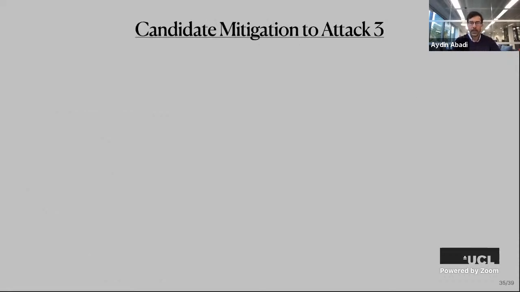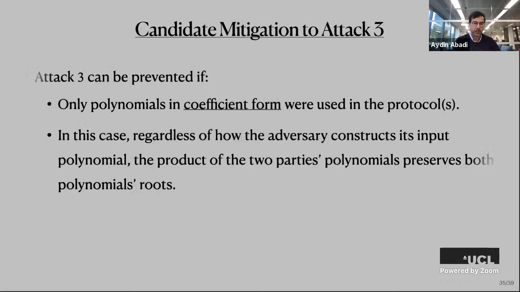So how to mitigate attack 3? A simple approach is to use polynomials in coefficient form. In this case, no matter how the adversary constructs its polynomial, it cannot carry out the previous attack.